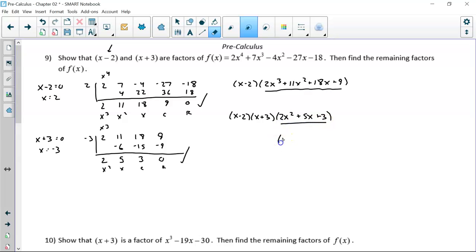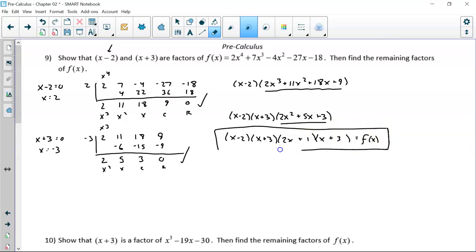When you factor that, you get 2x and x. To get that positive 5, we get plus 3 over here and the plus 1 here. So you have x minus 2, x plus 3. Here are all of our factors for f of x. Two of them we were given, and using synthetic division, we were able to find the other 2.